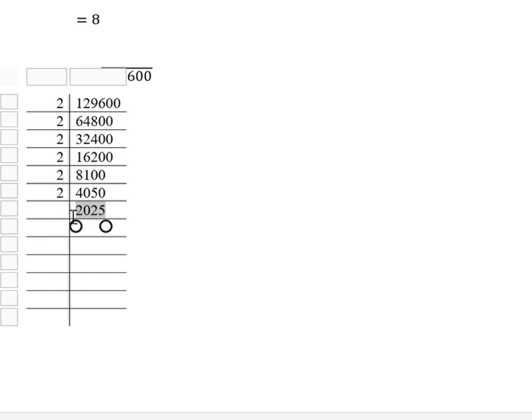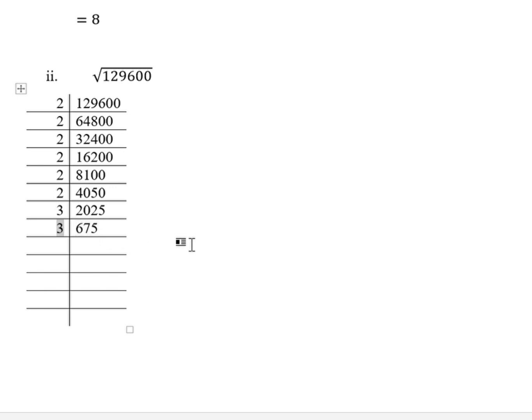We divide it by 3 and we get 675, which still can be divided by another 3. That gives us 225, which still can be divided by another 3. That gives us 75. 75 can still be divided by 3 to give 25.